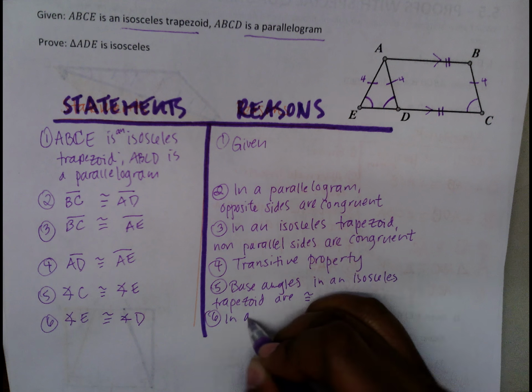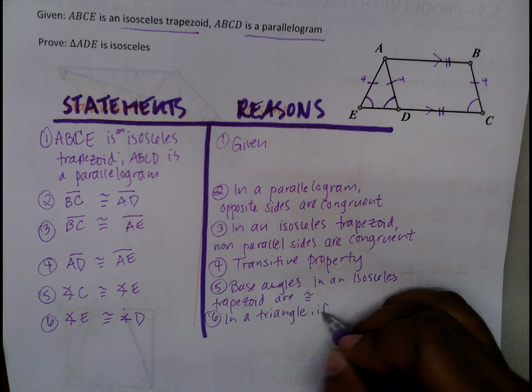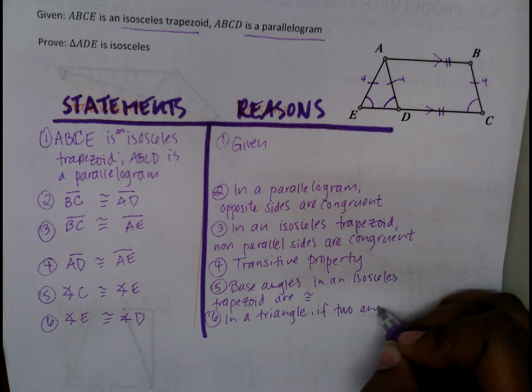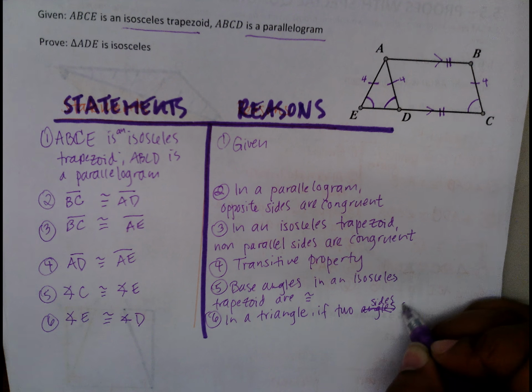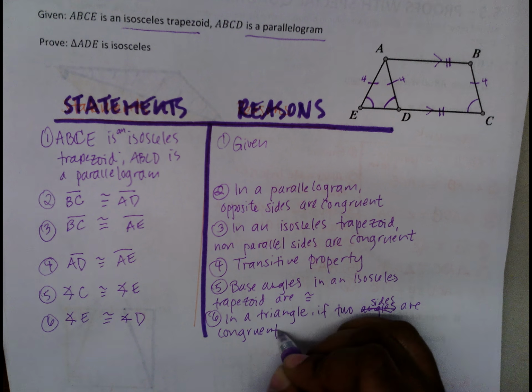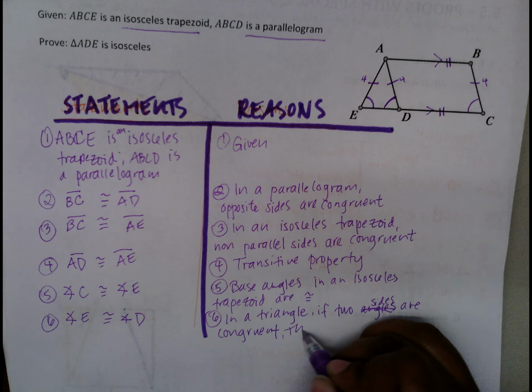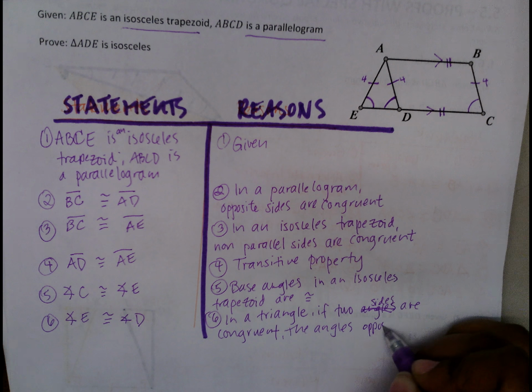In a triangle, if 2 angles, or rather if 2 sides are congruent, the angles opposite are also congruent.